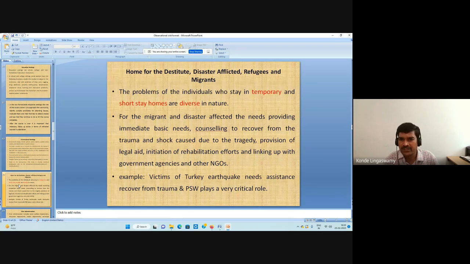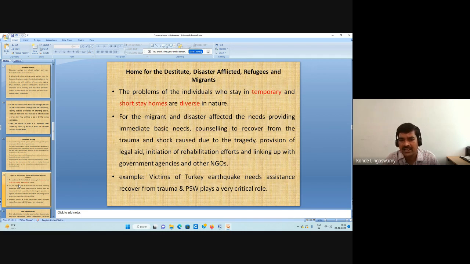The problems of the individuals who stay in temporary and short stay homes are diverse in nature. All these are temporary and short stay homes, and there is a diversity in nature. Migrants, refugees, disaster afflicted.